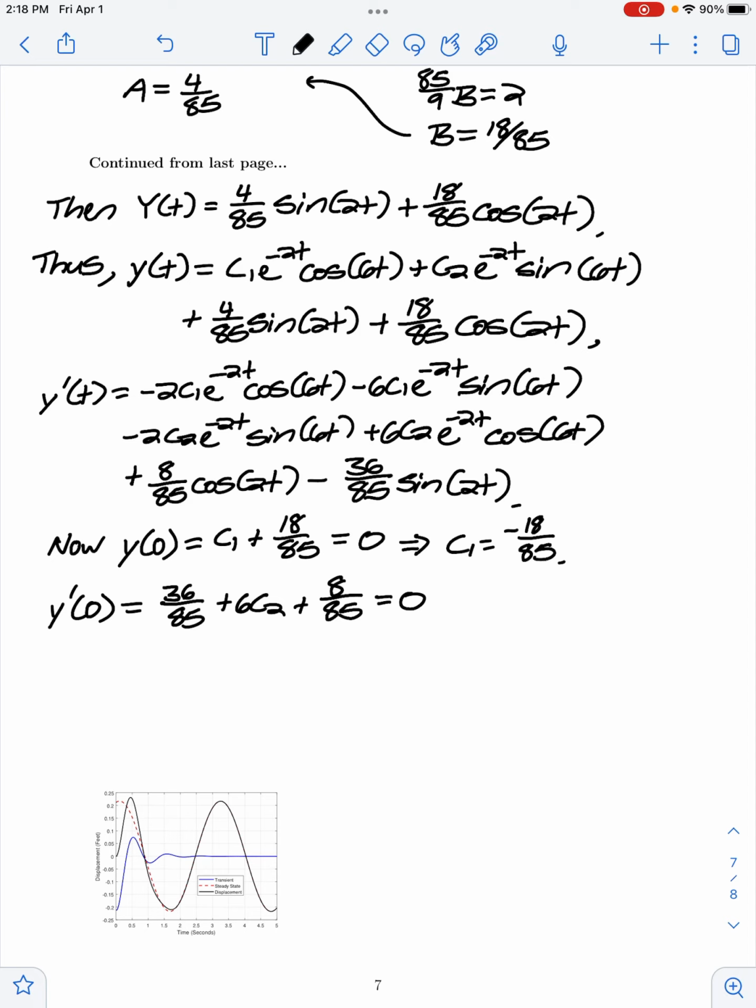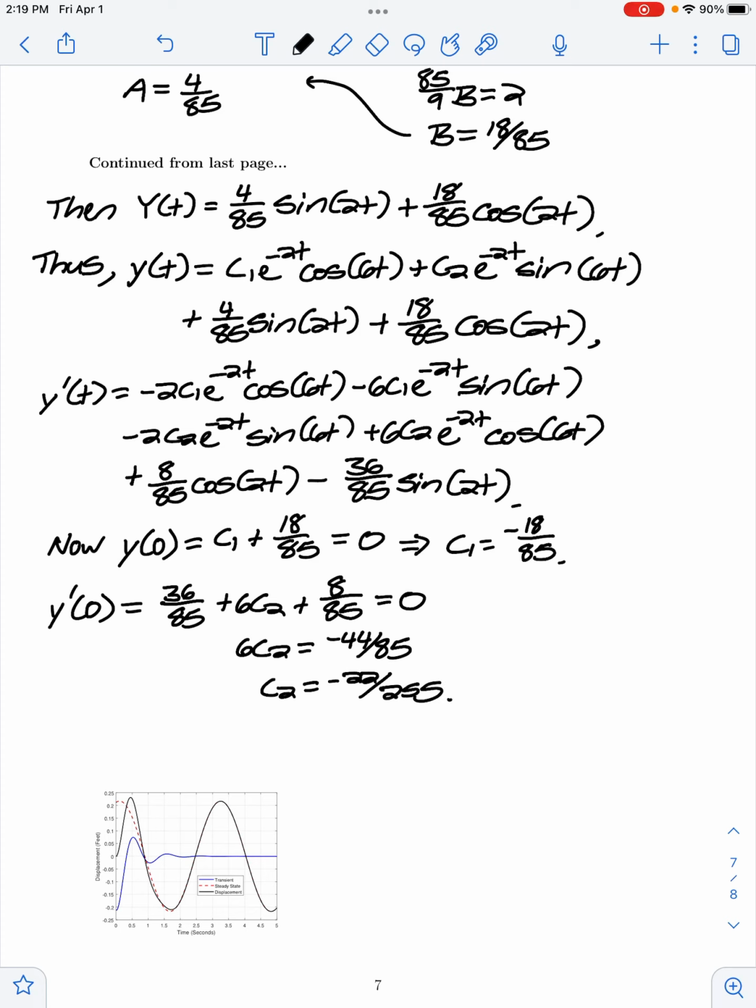So it follows that 6c2 is equal to negative 44 over 85. And then dividing through by 6, we get c2 is negative 22 over 255.